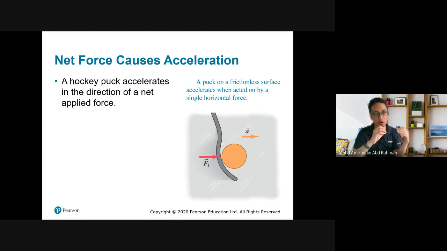And then the puck, because it is from the rest, from the equilibrium condition, will move according to the force acting on it. So now it will move in the x direction with an acceleration.